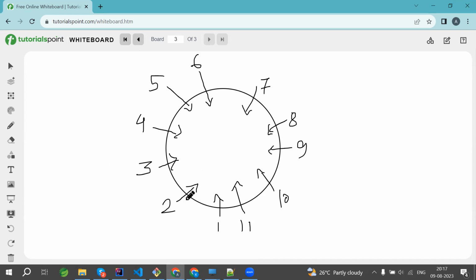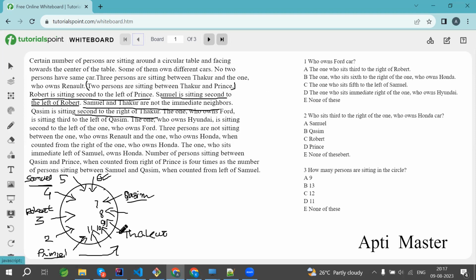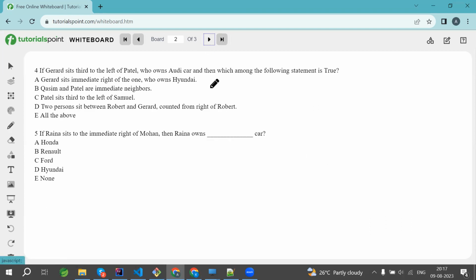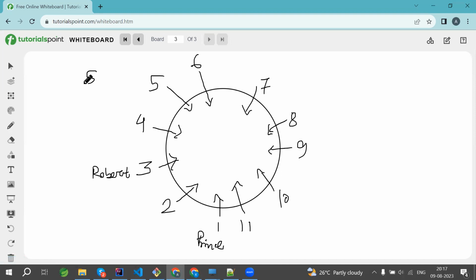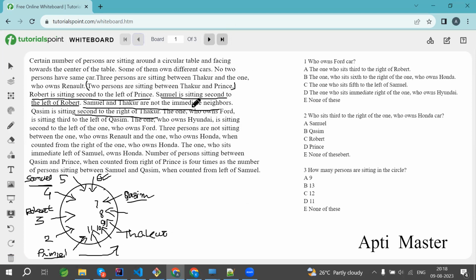Okay. So I have put Prince here, then Robert here. Okay. Then at 5 position Samuel is there, at 7 position Qasim is there. And at 9 position, I guess Thakur is there, right?